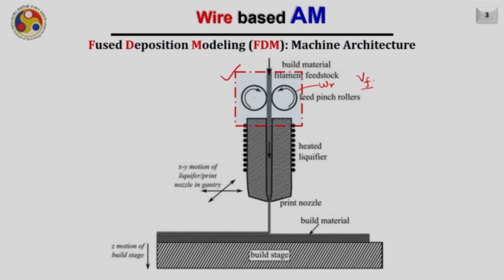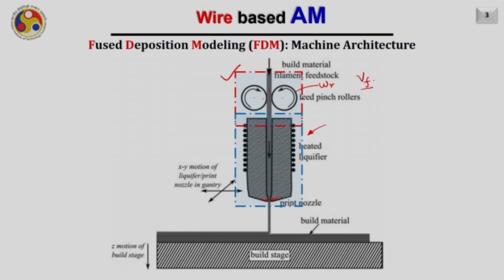And we have also discussed the two phenomena when wire crushing as well as slipping between the roller and wire occurs. Also, we have discussed a little bit about the liquefier, and we have found the pressure drop which will occur when the wire enters the liquefier, converts from solid to liquid form and gets extruded from a tiny orifice from here.